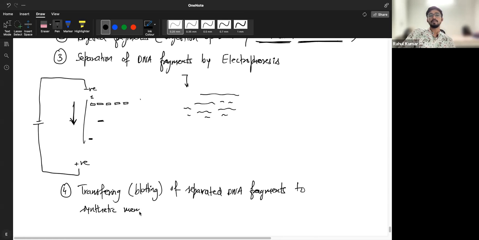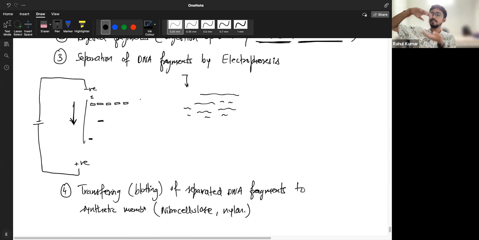The membranes that are used nowadays are nitrocellulose or nylon membrane. These 2 membranes are used for transferring. Once you have transferred the same impression, there's no rocket science. You just take the gel, take the membrane, keep it close, cover it with tissue paper and apply weight from outside.